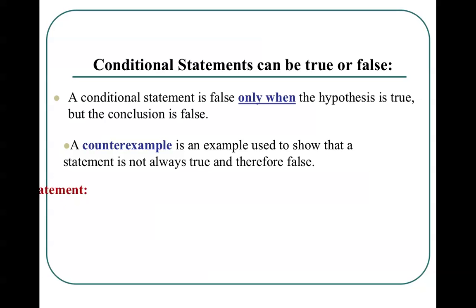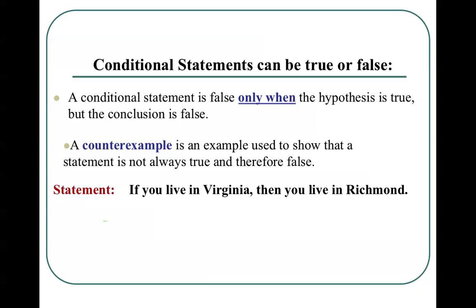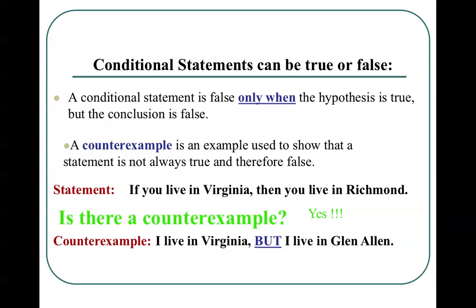A counterexample is what we would use to prove a statement like that false. For example, here, if you live in Virginia and maybe you live somewhere else like Glen Allen, then you don't necessarily live in Richmond, so that would make that statement false. For us, we could say if you live in Pennsylvania, then you live in Millersville. That's false because you could live anywhere else in the Penn Manor School District.